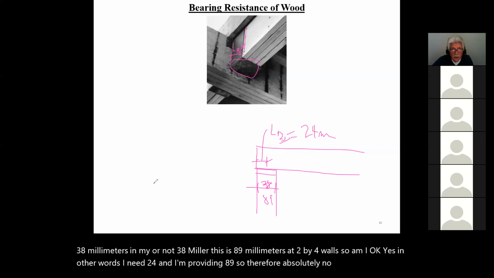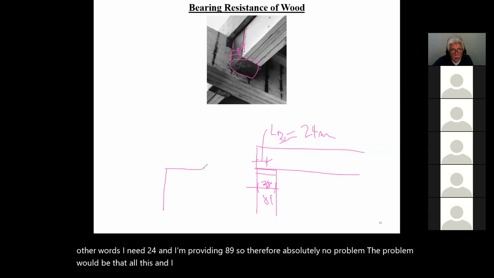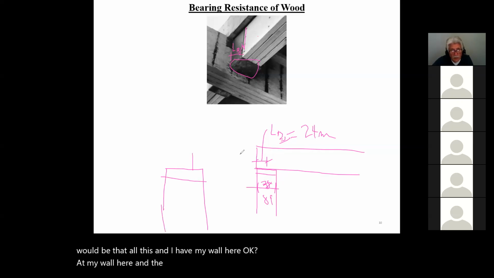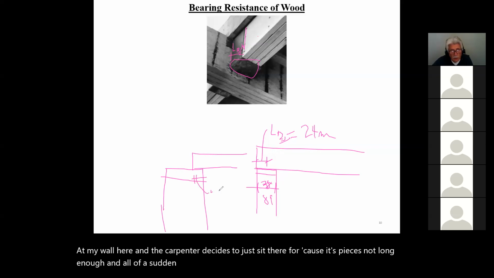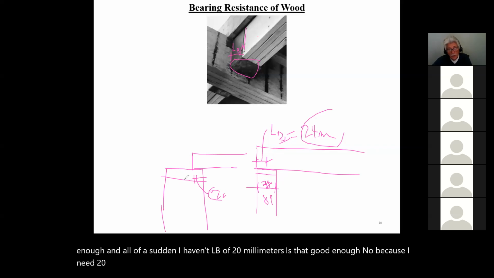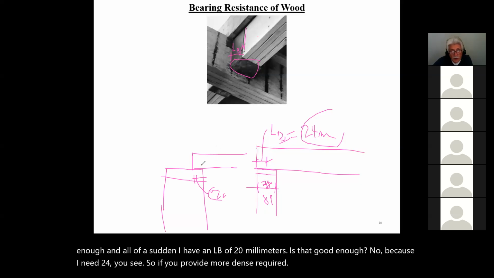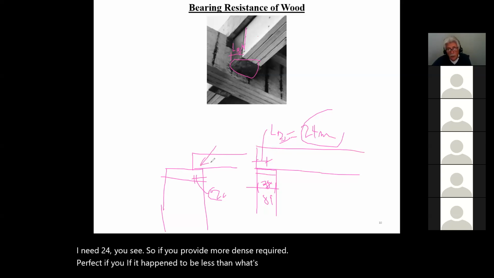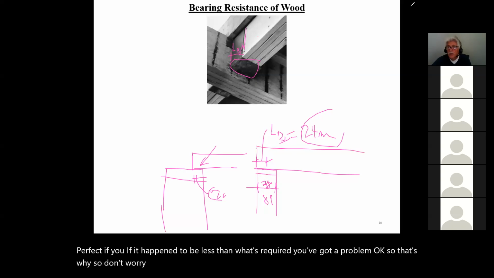The problem would be if I have my wall here, and the carpenter decides to sit it there because this piece is not long enough, and all of a sudden I have an LB of 20 millimeters. Is that good enough? No, because I need 24. So if you provide more than is required, perfect. If it happens to be less than what's required, you've got a problem. So don't worry about providing more. Worry about if it's less.